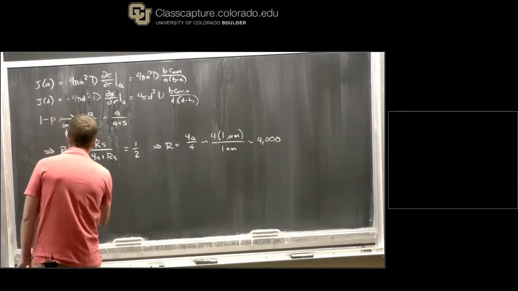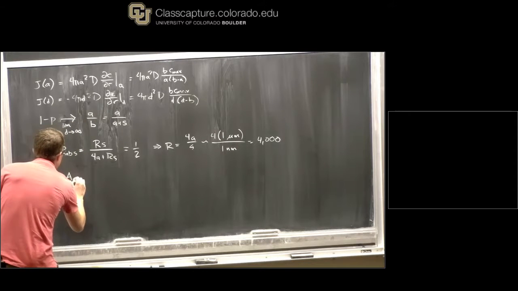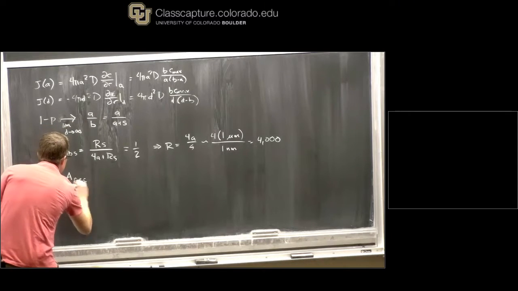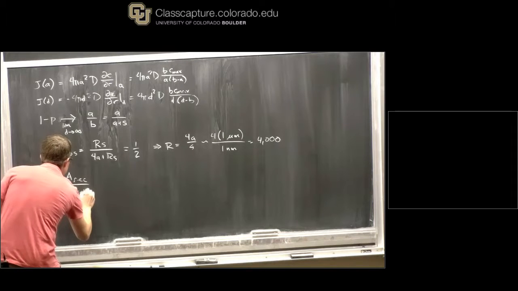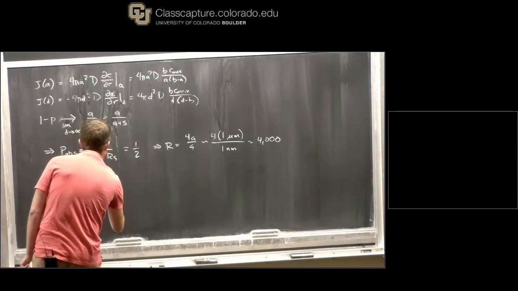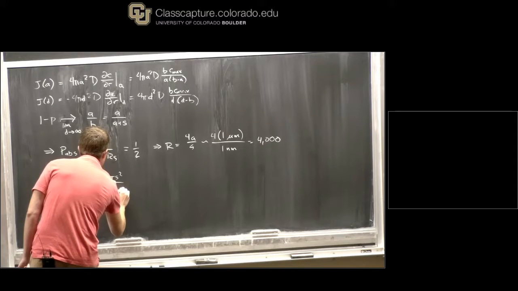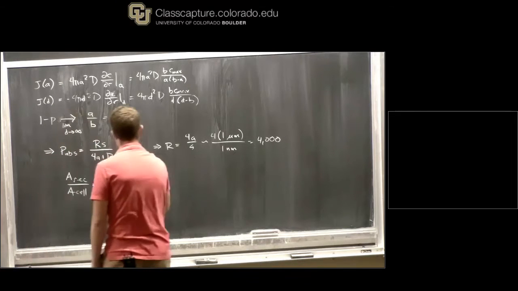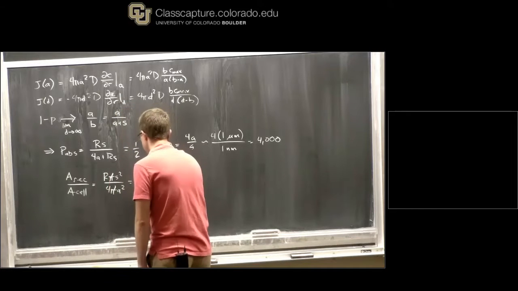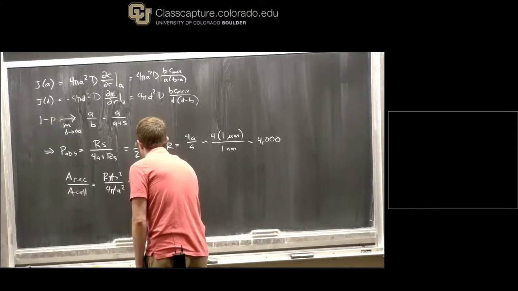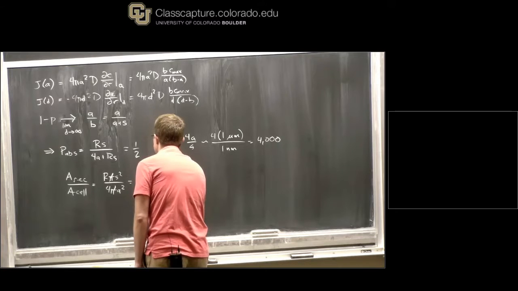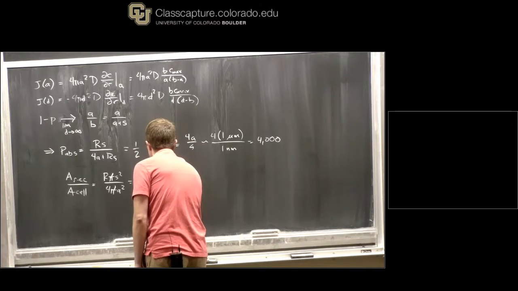So the fraction of area covered, area of receptors divided by area of the cell, is R times pi s squared over 4 pi a squared, which is 4,000 times 1 nanometer squared over 4 times 1 micron squared.